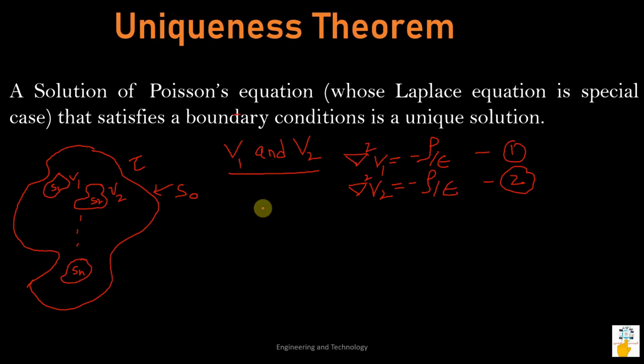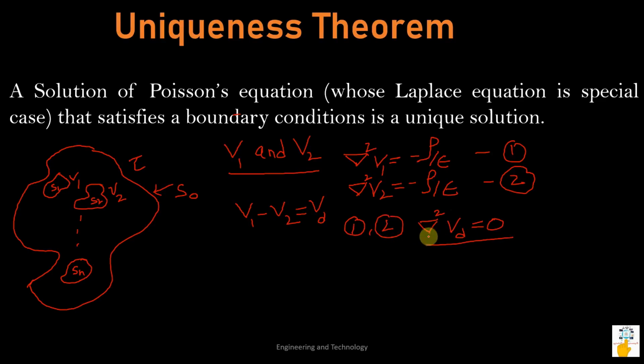So let us take the potential difference, given by Vd. Now, by using equations 1 and 2, subtracting 1 minus 2, del square Vd is equal to 0.